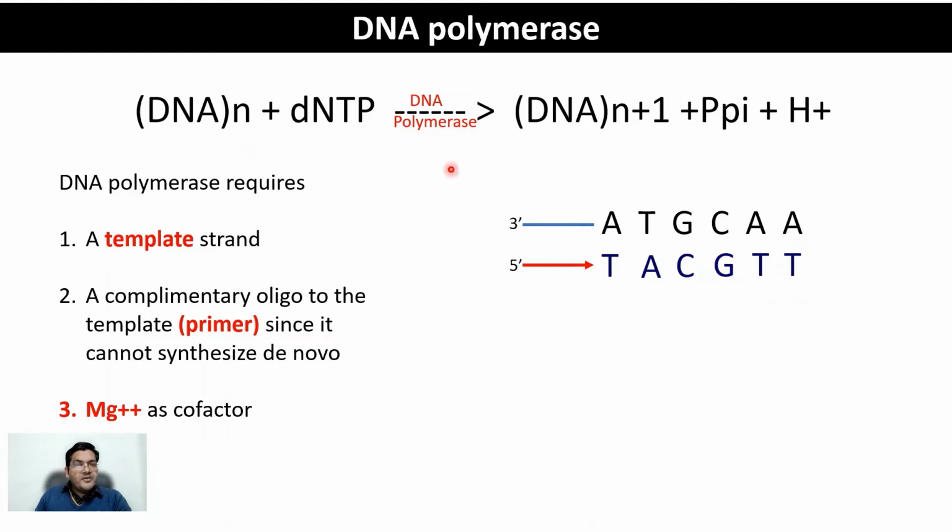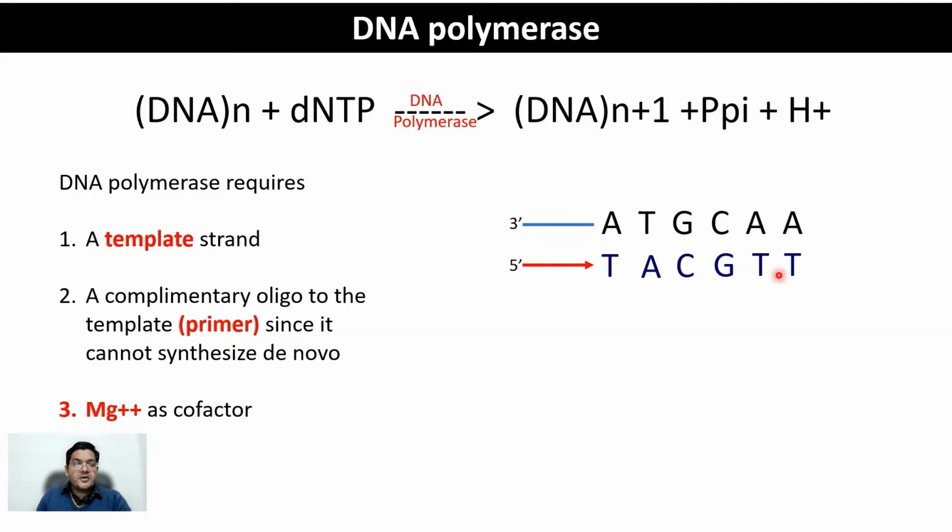Let's say we're talking of this position here. The phosphodiester bond will form between the 3' OH of the pre-existing nucleotide on this strand and the 5' phosphate of the incoming nucleotide here, right? So for the formation of a phosphodiester bond, there must be a 3' OH group present on the 3' end of the strand where the addition is going to happen.